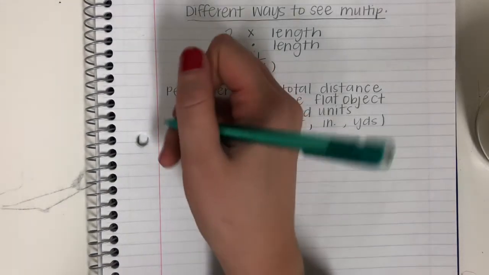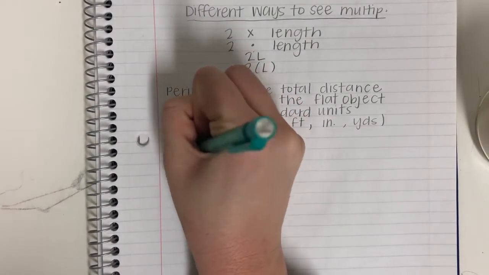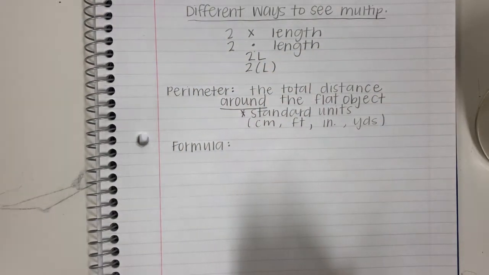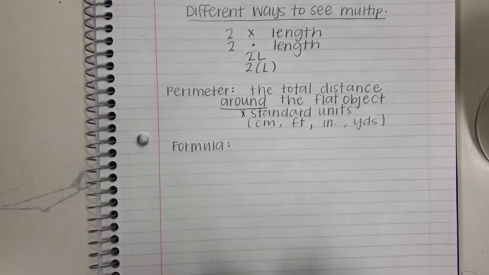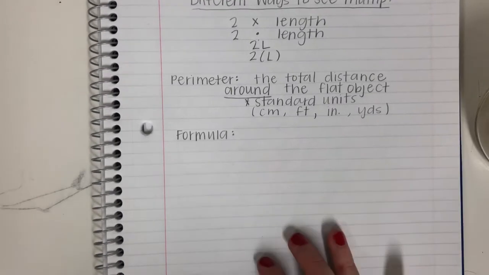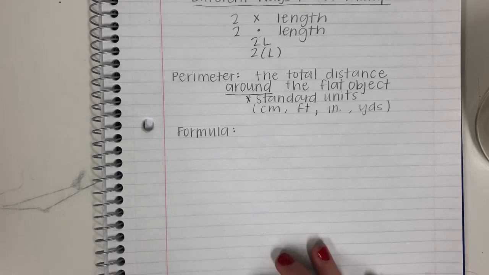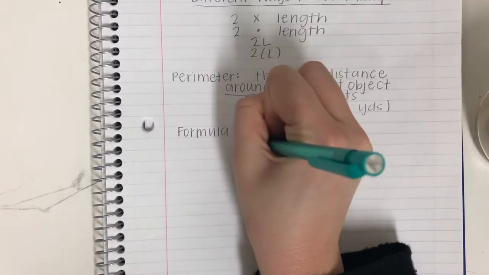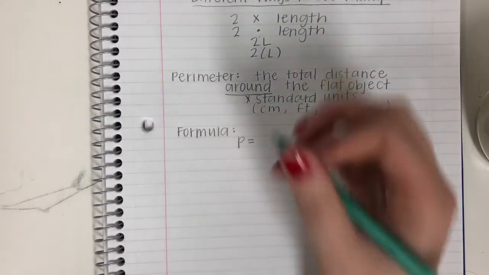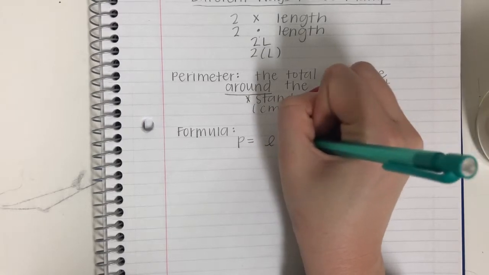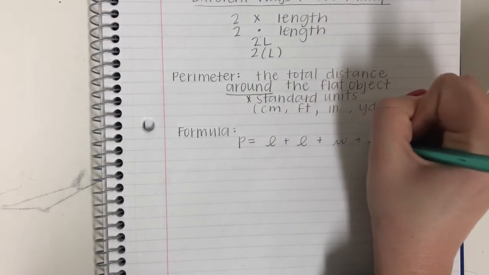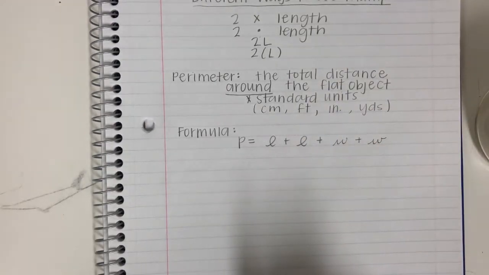So let's write our formula. Okay, there's a few different formulas we can use. You'll catch on to the one that you like best. We'll work on both, but there's a few that we want to look at. So in general, your perimeter is equal to adding up all of your sides. So that means it's length plus W plus your other W, which is width.